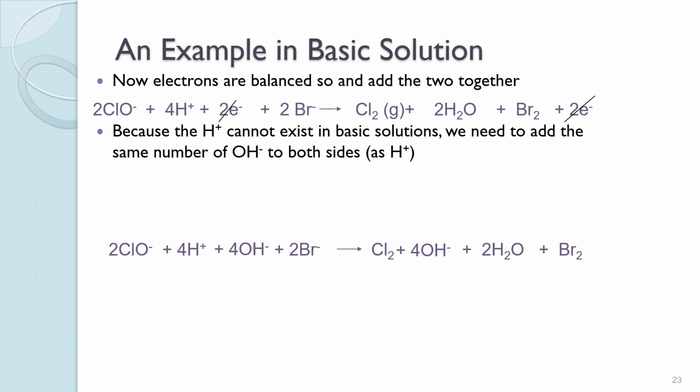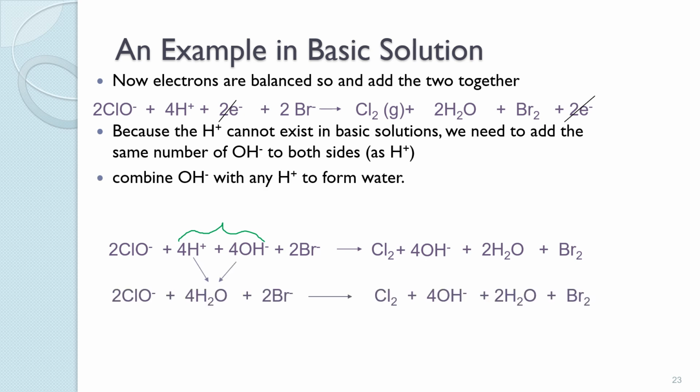What's going to happen here is that these 4 H pluses and 4 OHs will become 4 waters. Notice that the 4 H plus and the 4 OH negative become 4 waters. On the other side, nothing happens, but we do have the 4 OH negative.